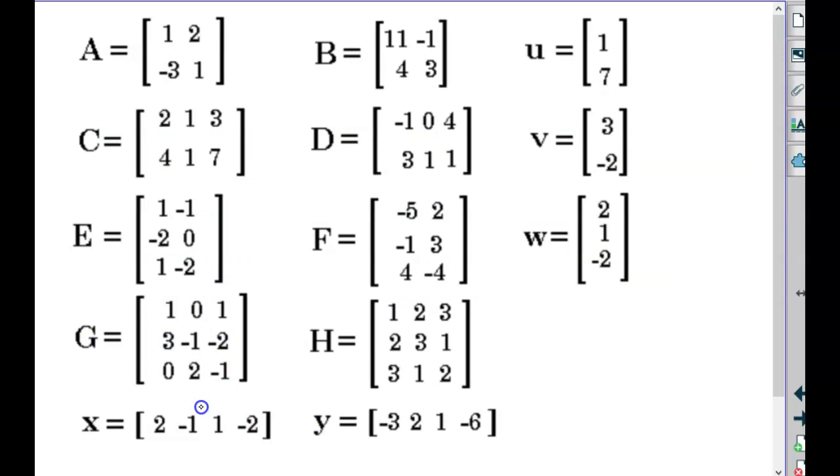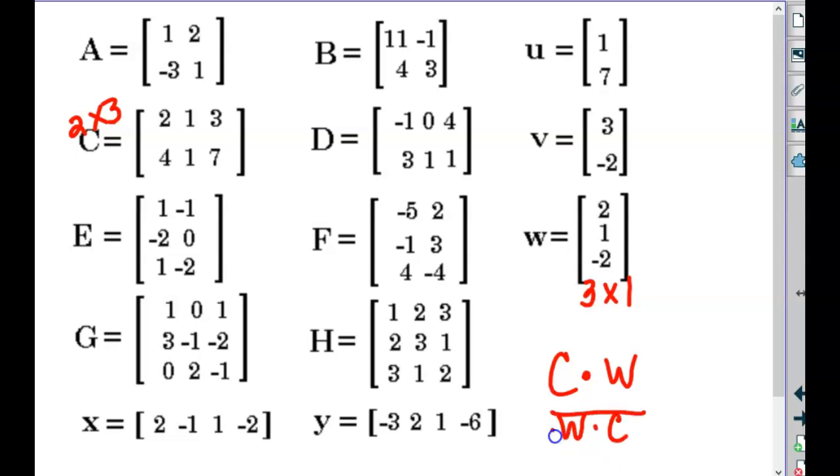So tell me two that you could multiply. C is a 2 by 3. And W is a 3 by 1. So you could do C times W. Could you do W times C?